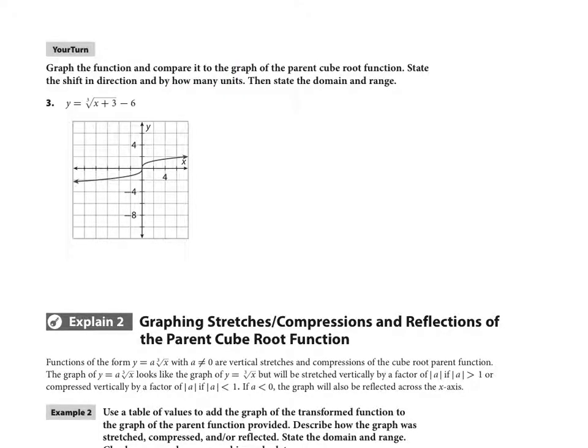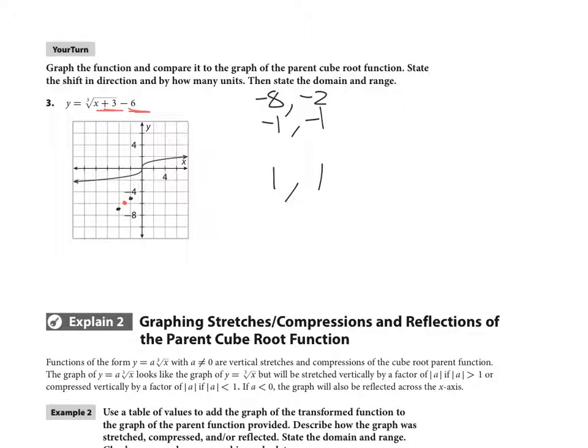So here's a your-turn problem, same thing. Look at my shifts: go to the left 3, go down 6. That's going to put me here at kind of my starting point. Then I use my reference points again. When I go to the left 1, I go down 1, and when I go to the right 1, I go up 1. When I go to the left 8, I go down 2.